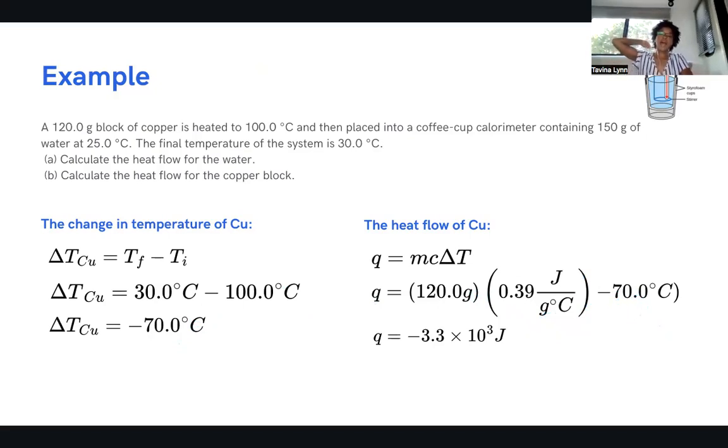So here we have our heat flow for copper is negative 3.3 times 10 to the third joules, right? And it's negative because the heat is escaping the copper. It is losing heat.